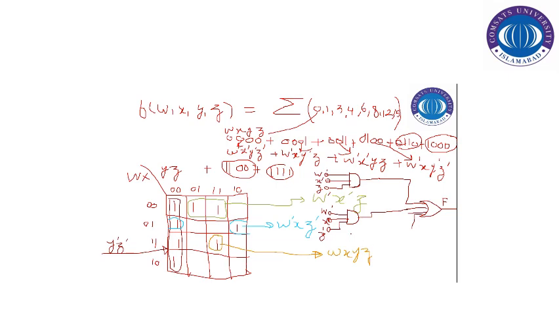The next AND gate will be Y prime and Z prime.